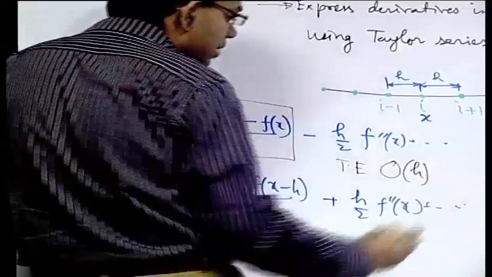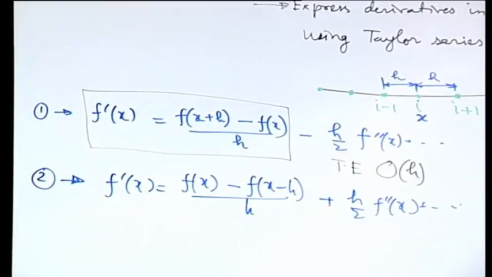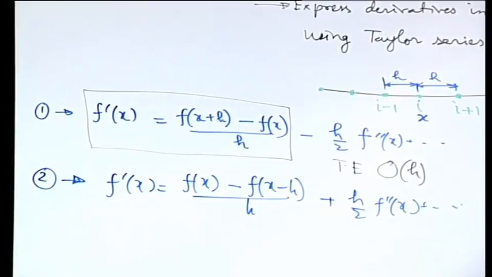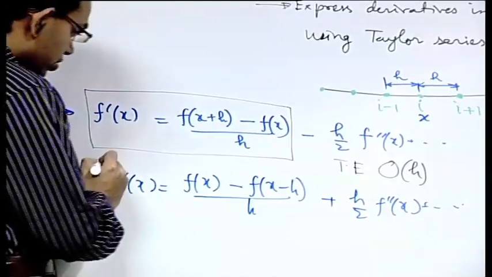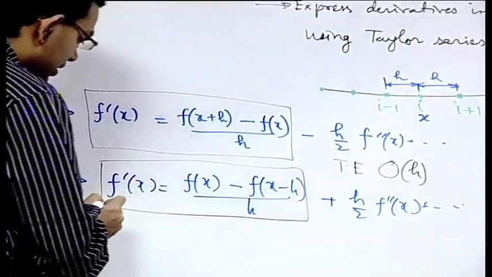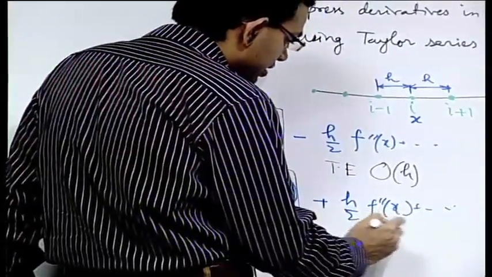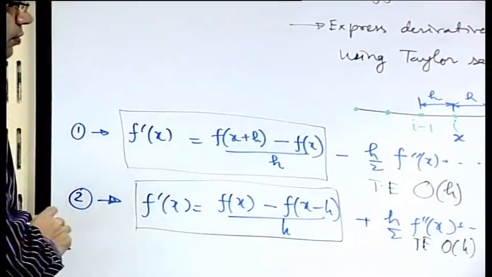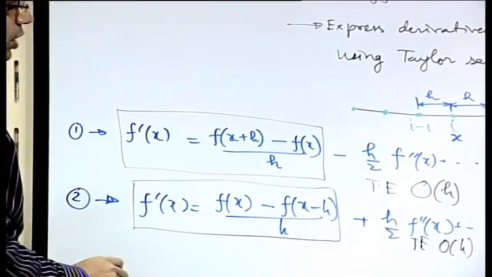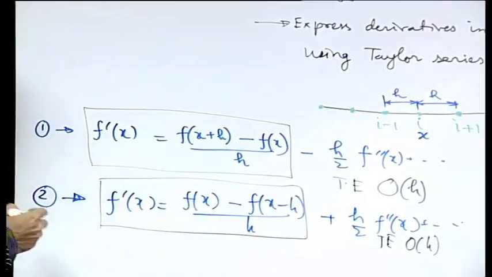The terms which are remaining and which are not considered, whether it is plus or minus is not important, only the order is important, because anyway we are interested in the truncation error. So, if we truncate this expression up to this, then the truncation error is of the order of h. We can also find f dash x by subtracting 2 from 1.